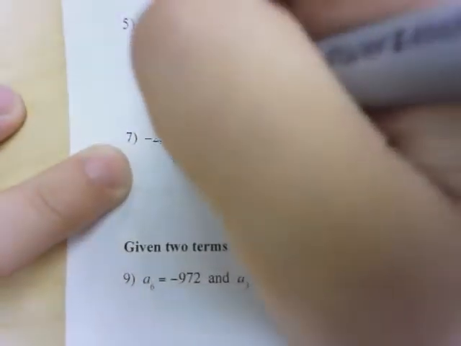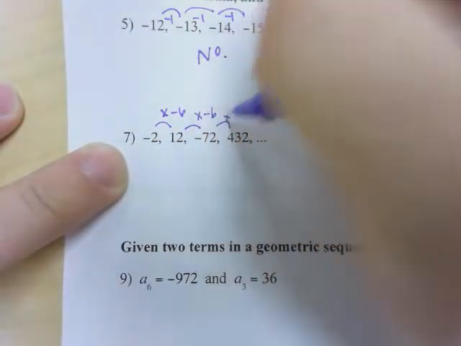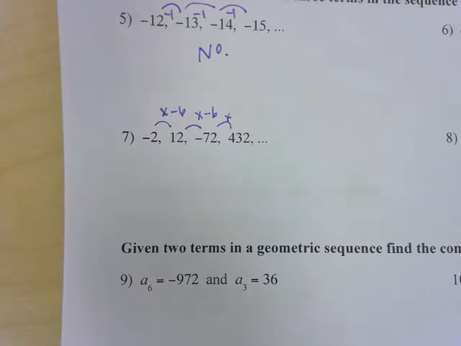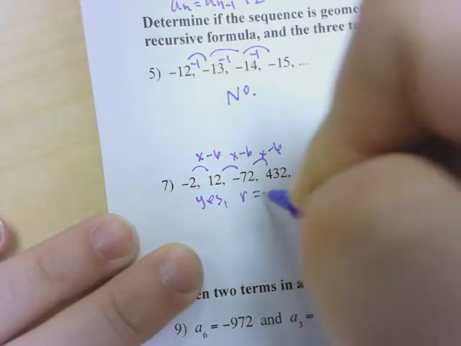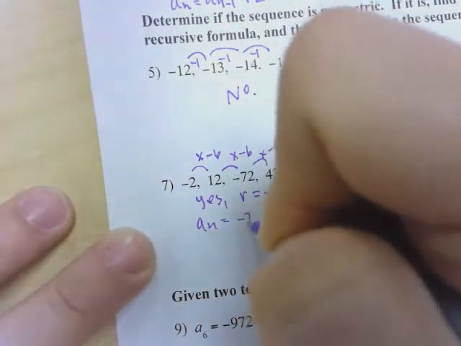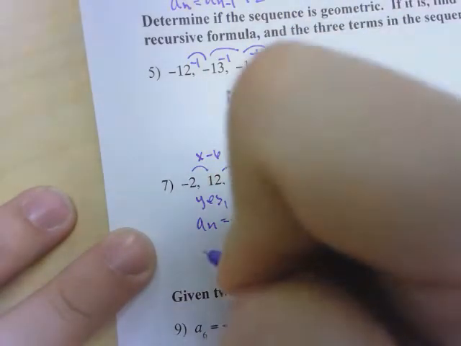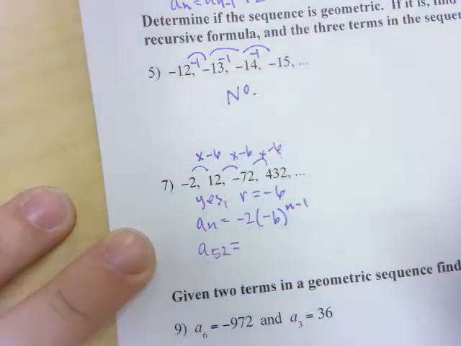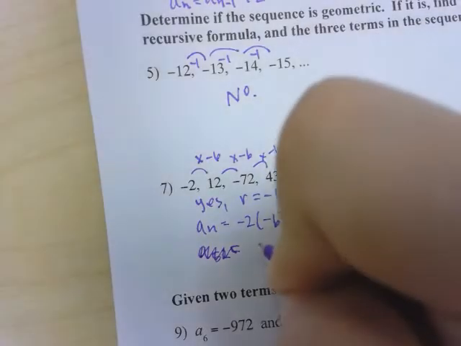All right, from here to here, it looks like it's multiply by negative 6. From here, it's multiply by negative 6, and it probably is there as well. So yes, geometric. R equals negative 6. A sub n equals your first term times your ratio to the n minus 1. A sub 52, oh, just kidding, we don't have to do that with these ones.